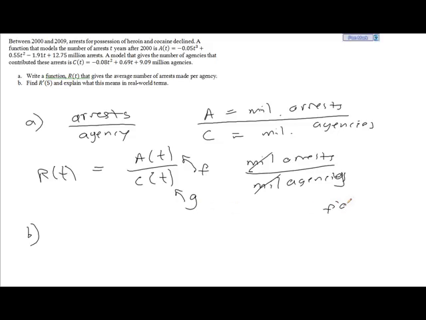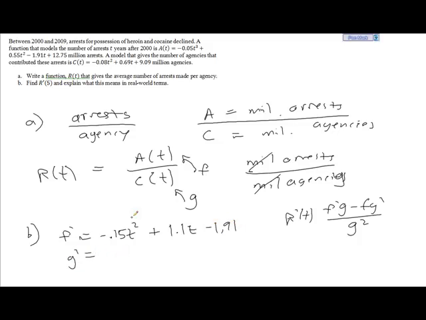R prime of t will require us to put these pieces together, so we need the derivative of f. f prime is a cubic function's derivative, so that's negative 0.15 t squared plus 1.1 t minus 1.91. g prime is the derivative of this one, which is negative 0.16 t plus 0.69, and the constant goes away since the derivative of a constant is 0.